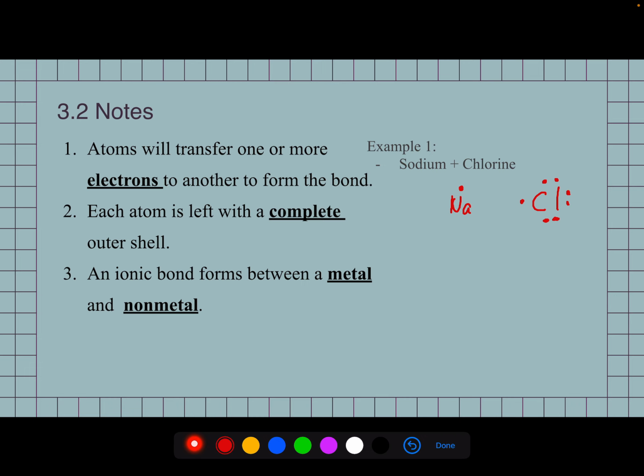So remember that here for sodium is Na, and if we're drawing the Bohr model of these guys, all these lovely electrons here.